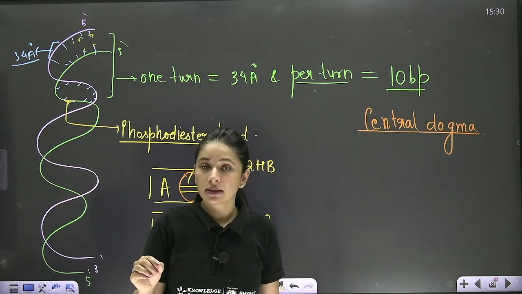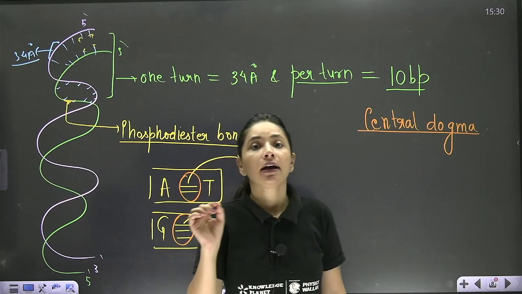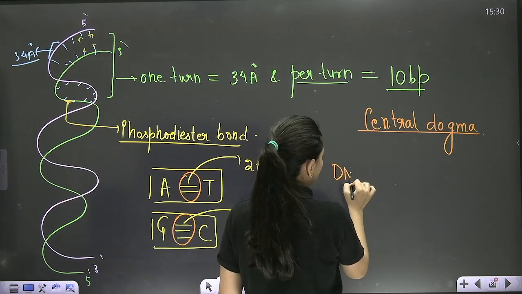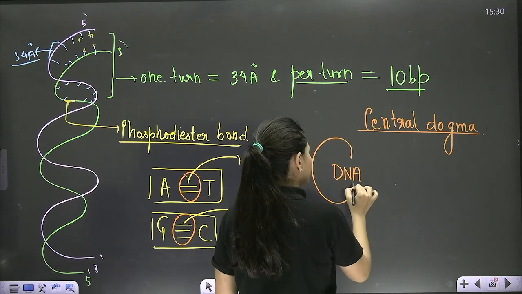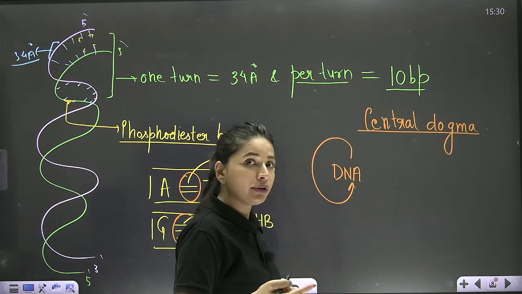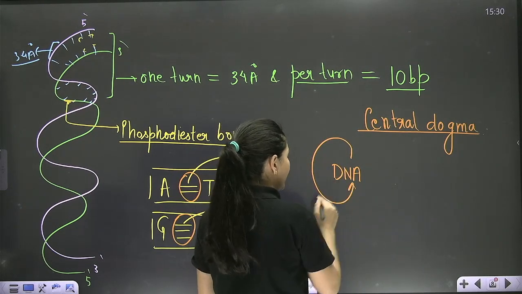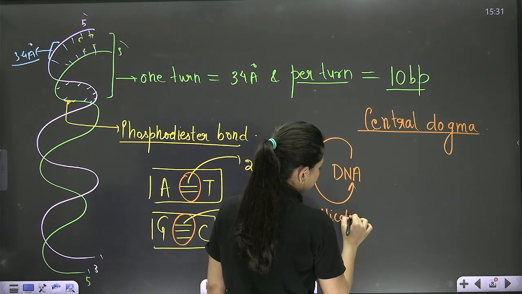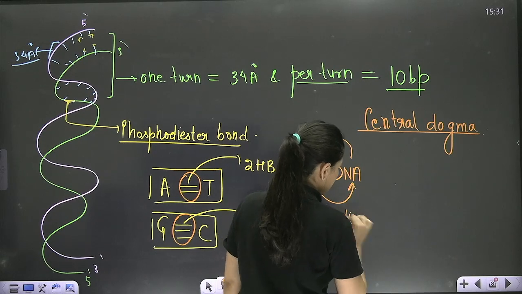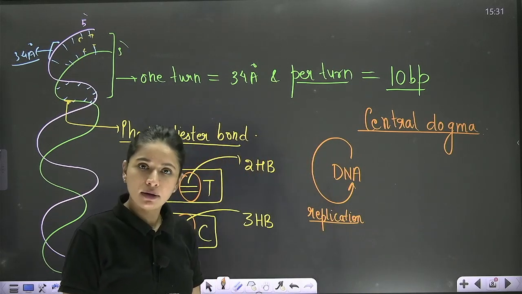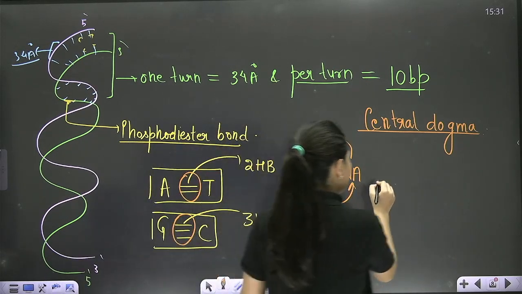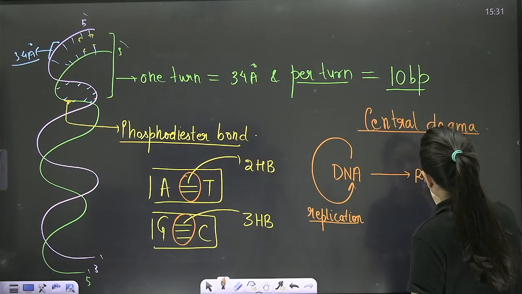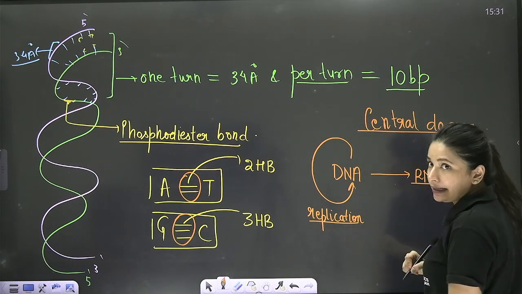The first step is known as replication, where from DNA you obtain DNA. Copying of DNA is known as replication, right? Then from DNA we try to obtain another nucleic acid by the name RNA.